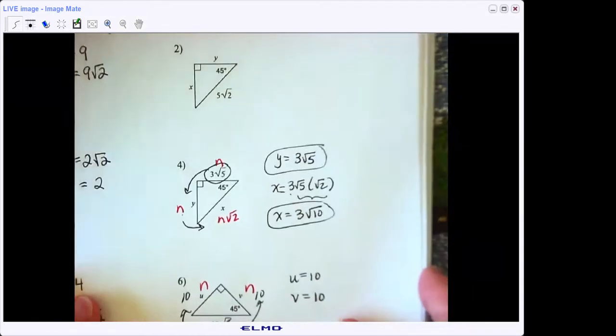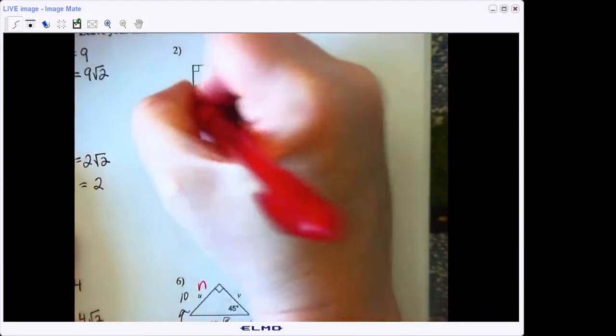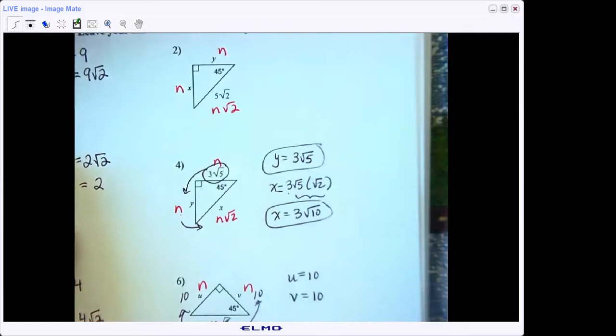Okay. Number 2, I'm going to let you do it first. N, and then root 2. So don't yell out the answer yet. Write down what x and y would be.